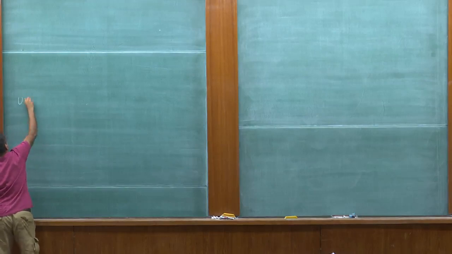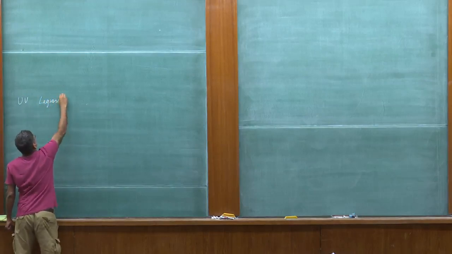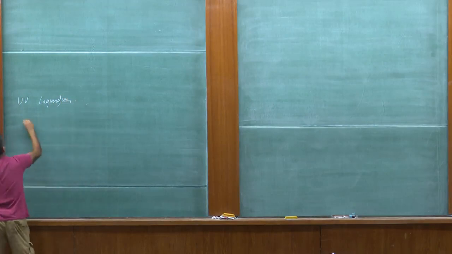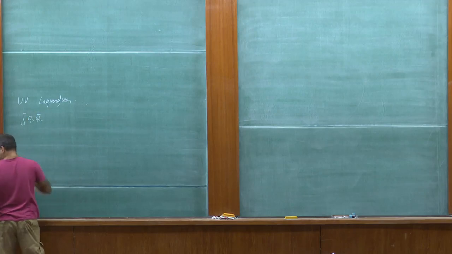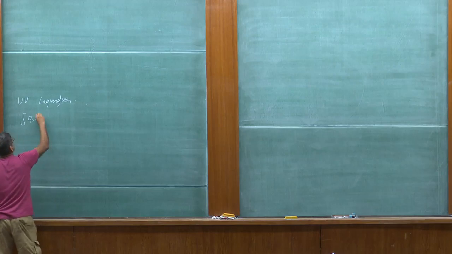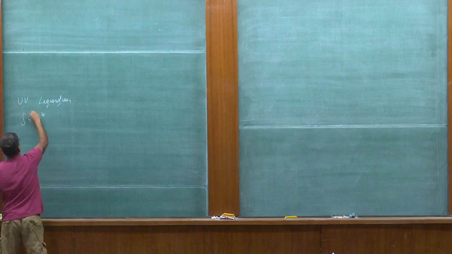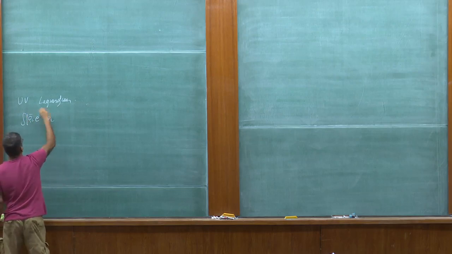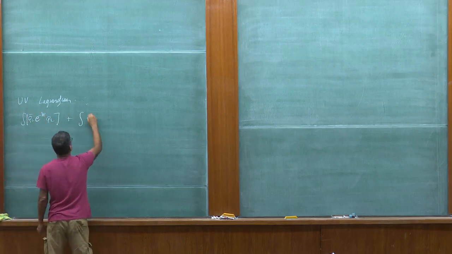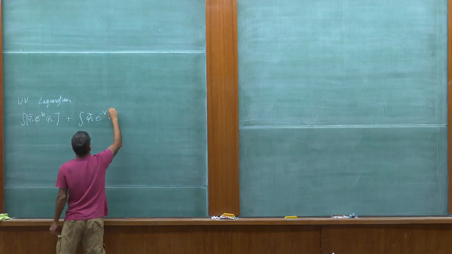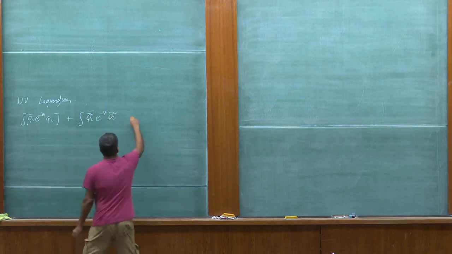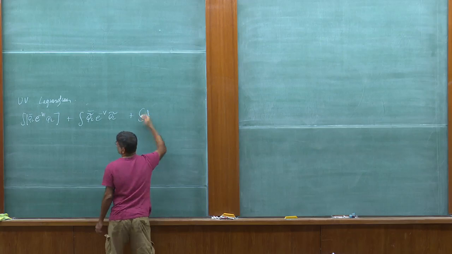Theory with UV Lagrangian. Integral, let's say I'll call it Q_i Q_i bar, and e to the power minus V. This is d^4 theta.